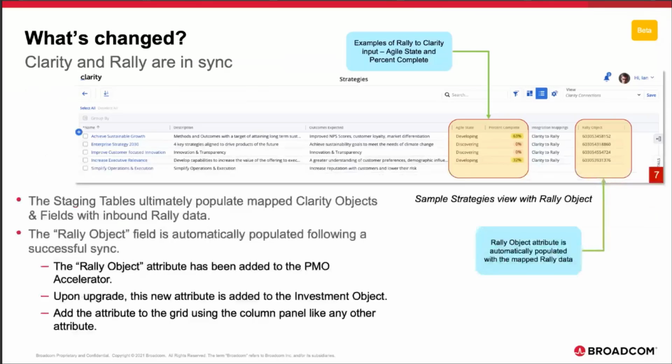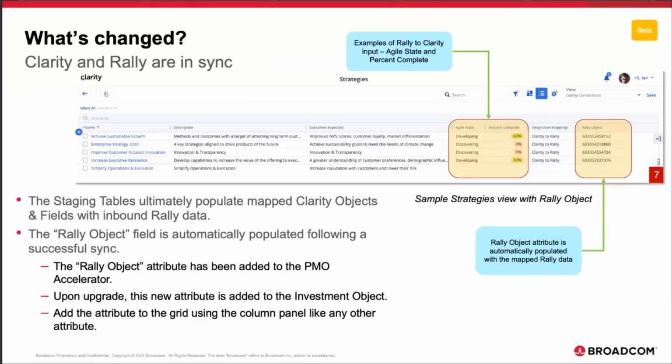All right, so we've run the sync job. The staging tables have populated, and it's exciting to see this page light up with incoming Rally execution information. In this example, Agile stage and percent complete are custom attributes that are mapped to Rally equivalents.